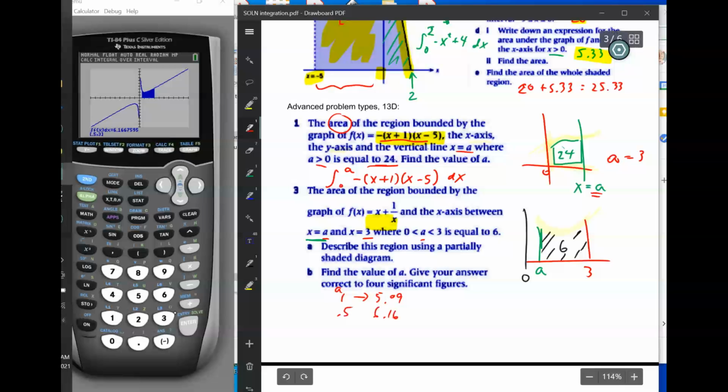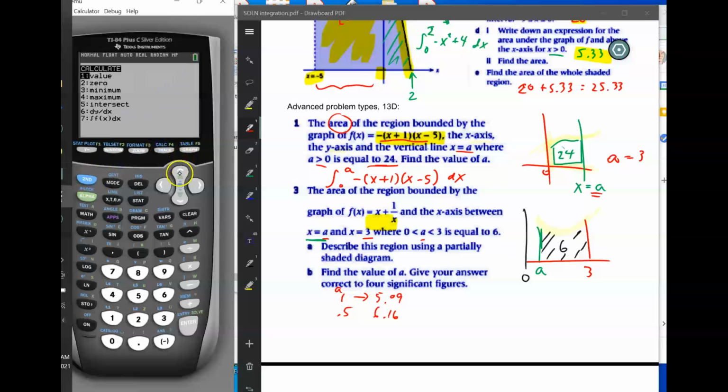Now I need to make it slightly smaller so that it's 6. So I'll try between 0.5 and 1, closer to 0.5. I'm going to try 0.6. Second calc, integrate, 0.6 and 3. Oops, something didn't go right. Graph, second calc, did I say integrate again?